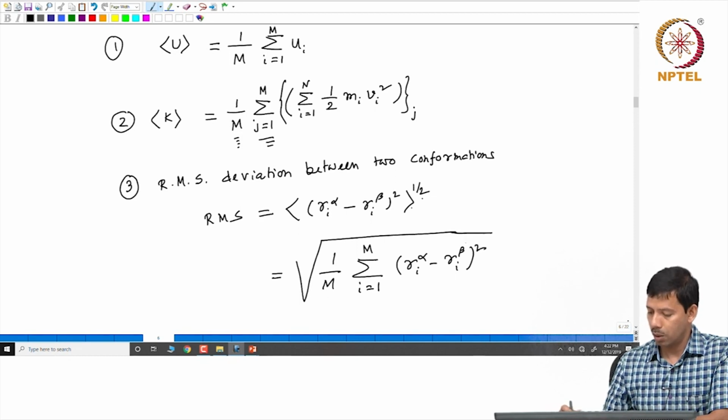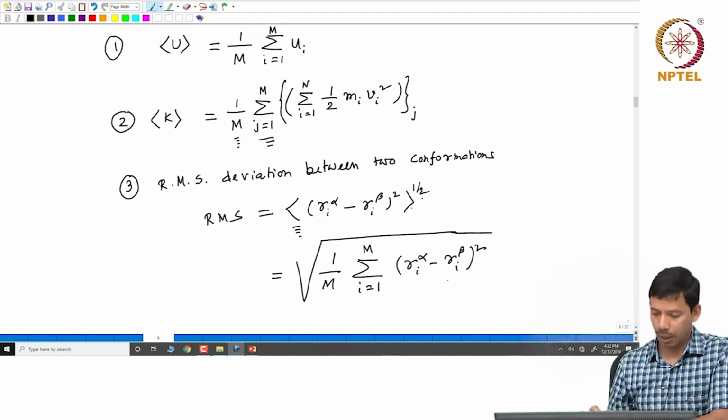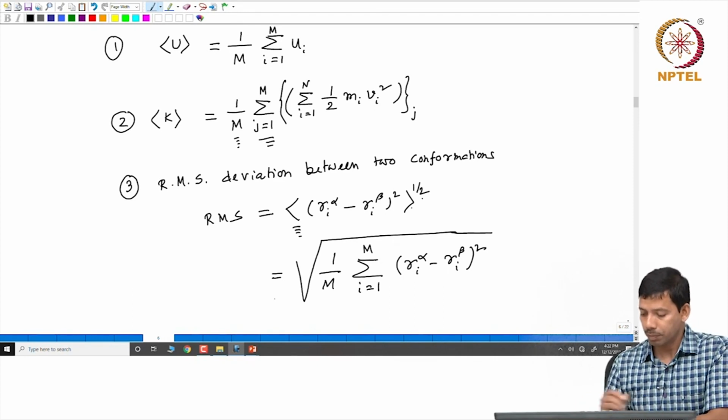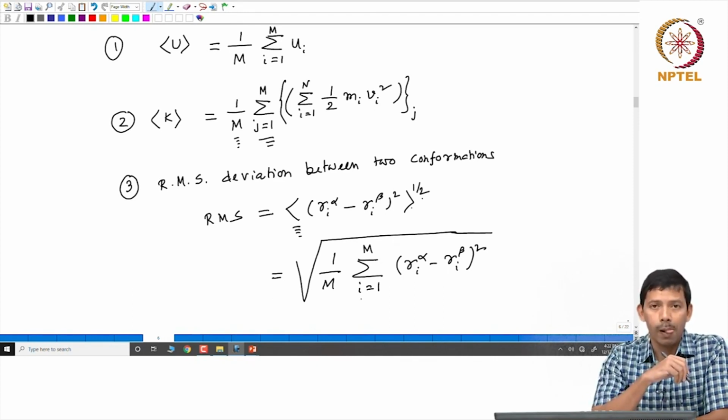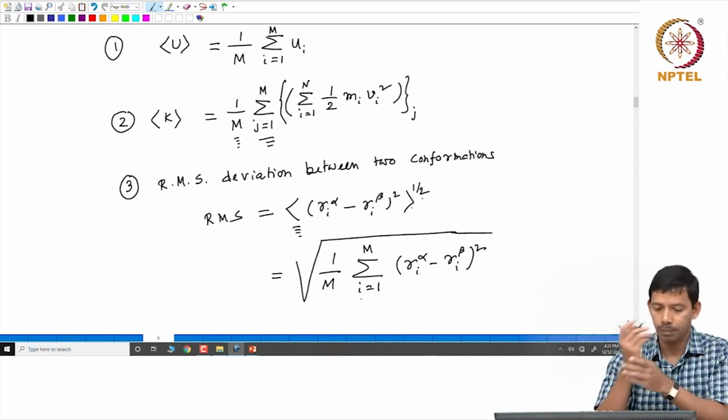That is my root mean square, where the mean is this ensemble average. So root mean square displacement between two states alpha and beta can be obtained from your set of microstates generated from molecular dynamics or Monte Carlo.